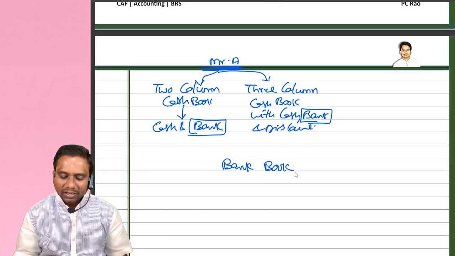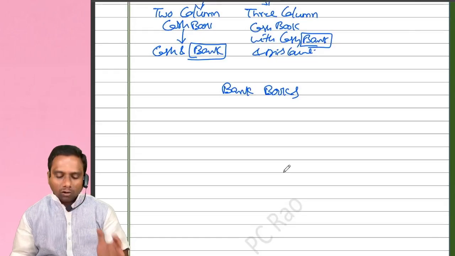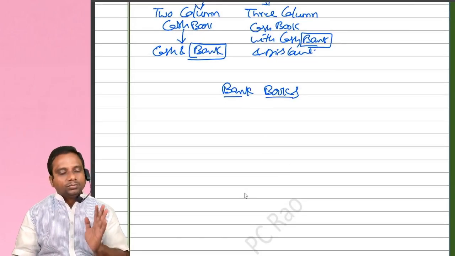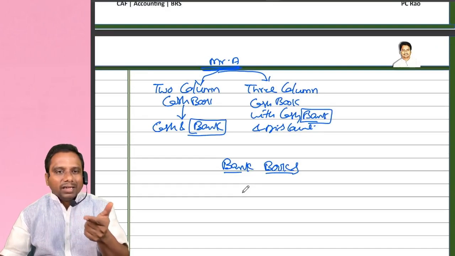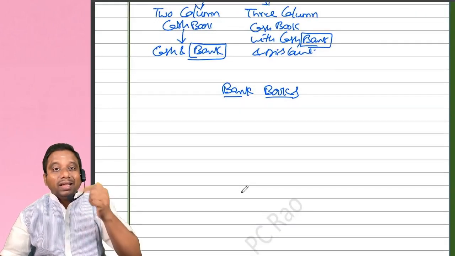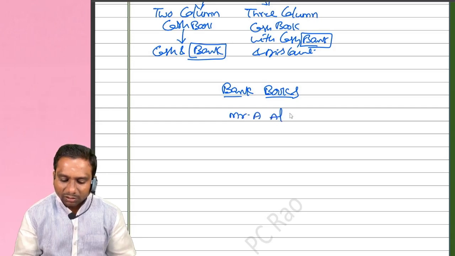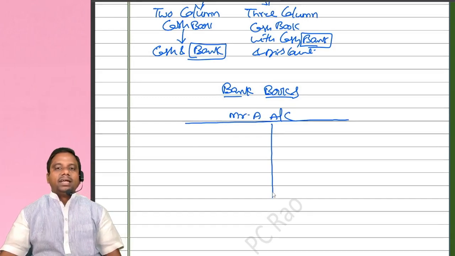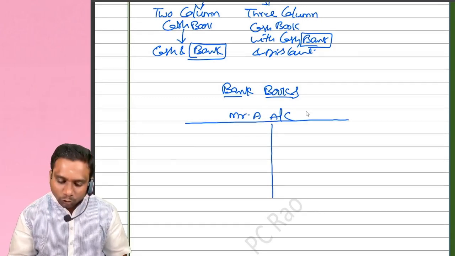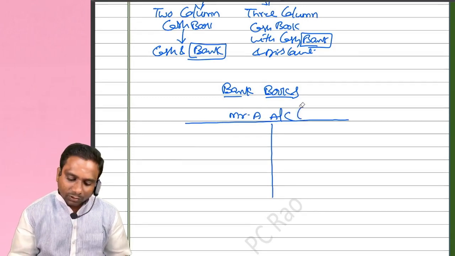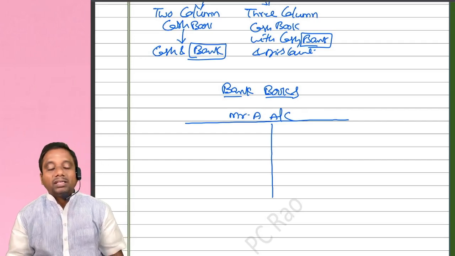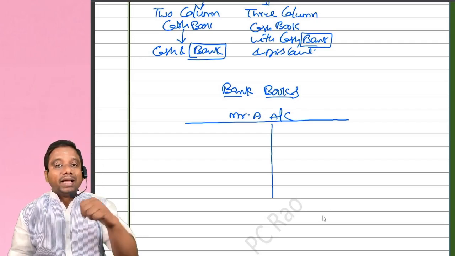At the same time, the bank also maintains books of accounts. When we are maintaining a bank account in our books, the bank will maintain the customer account, Mr. A's account, in the bank's books. The bank will recognize customers through account number.